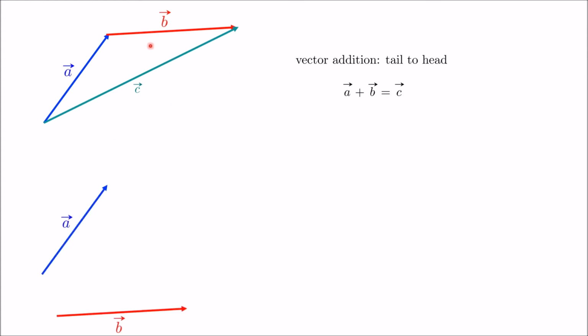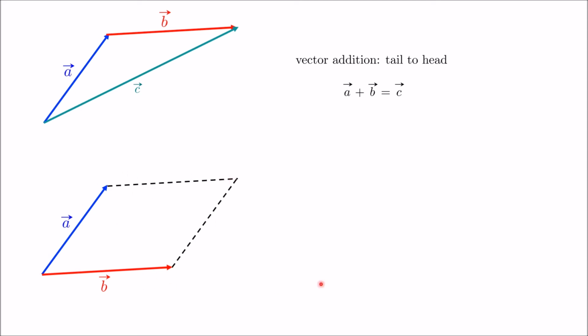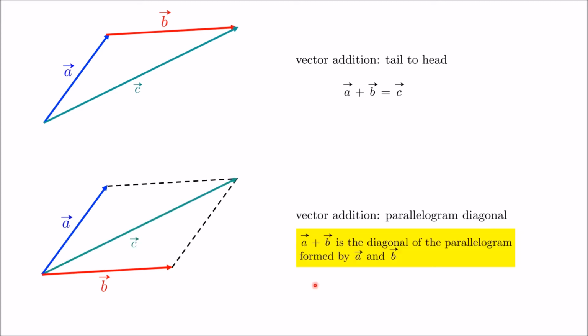So before it was placing vector b against the head of a, but now we're going to take the two vectors we're trying to add, and we can place them tail to tail like so. And you can see that when you do that, the two vectors actually span a parallelogram that we can imagine. And the resulting sum vector is actually the diagonal, this particular diagonal of the parallelogram.